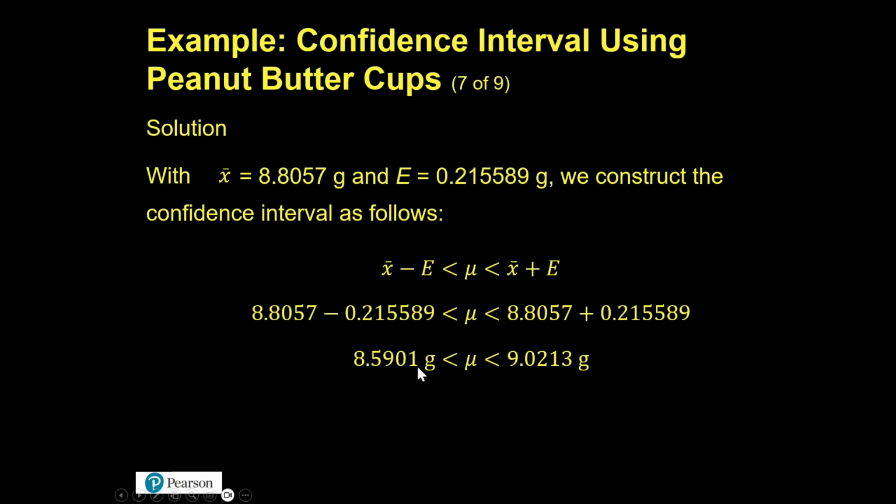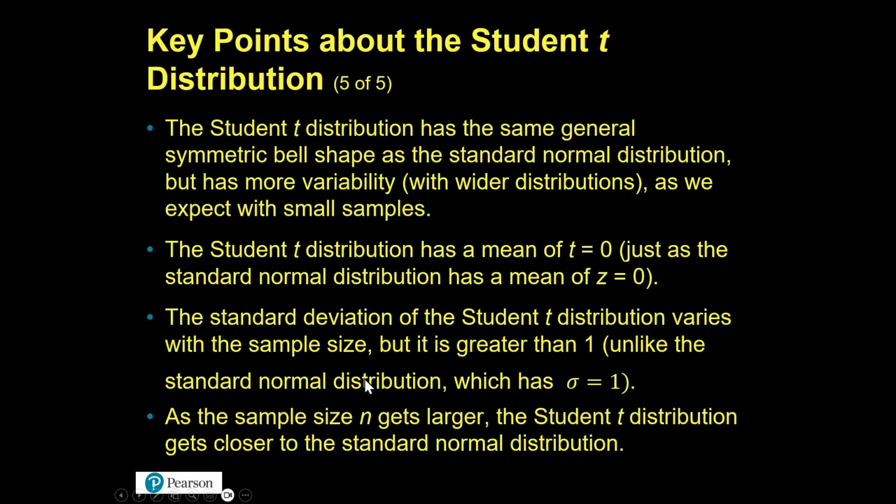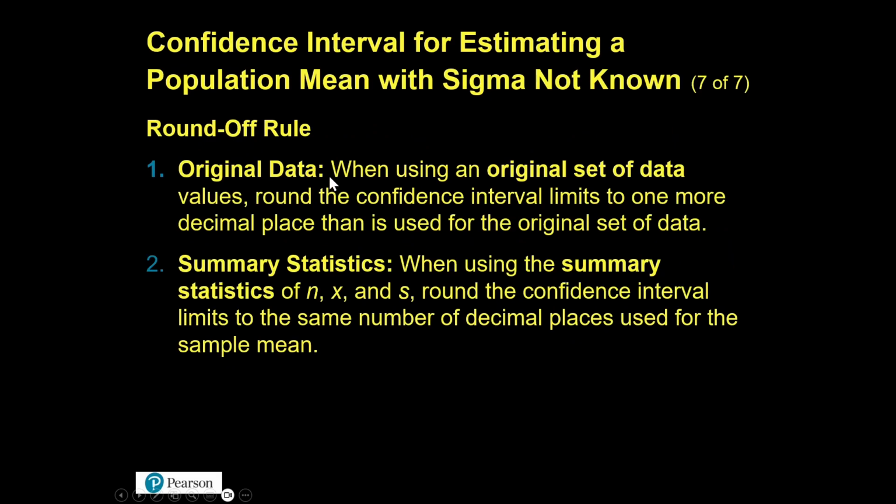Well, way back in the slides, to where they were talking about what to round to, which was quite a long time ago, we were back here. When you're using an original set of data values, round the confidence interval limits to 1 more decimal place than is used for the original set of data. Alternately, if you're using the summary statistics, you use the same number of decimal places.